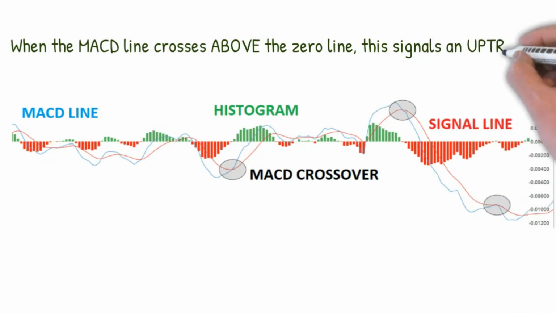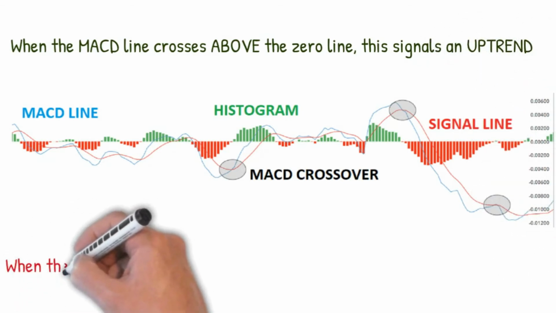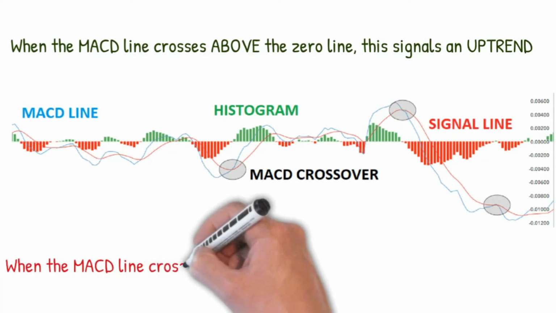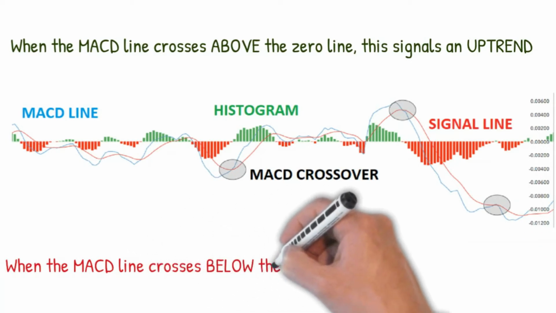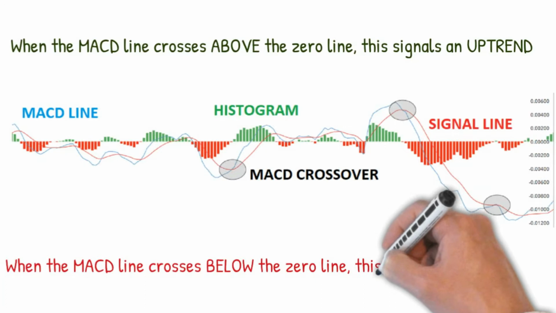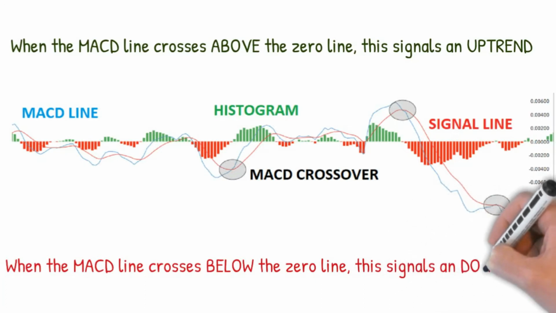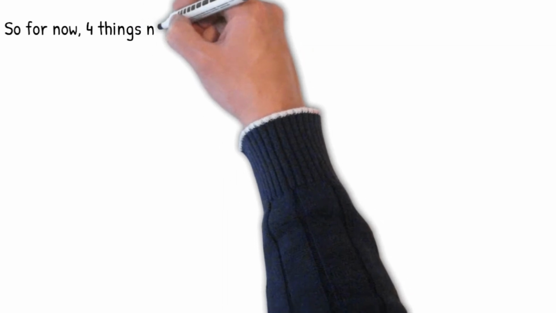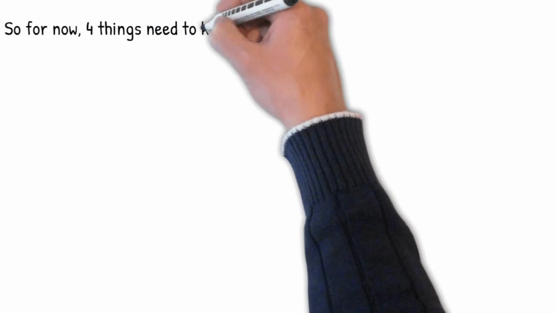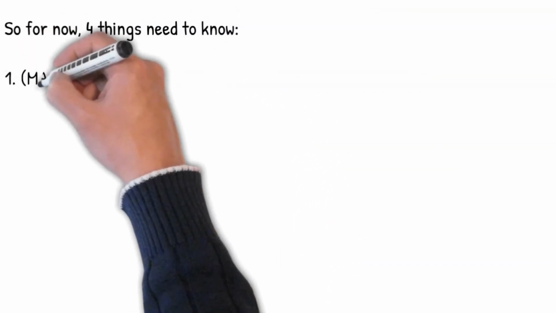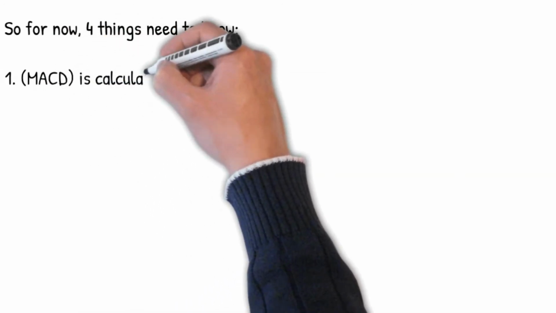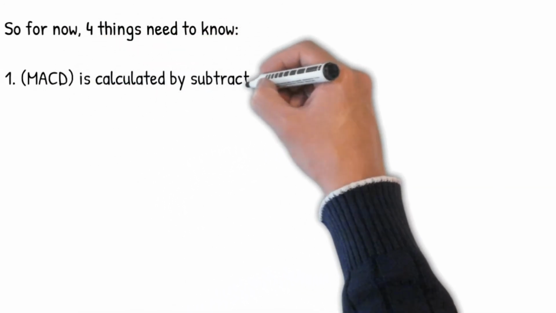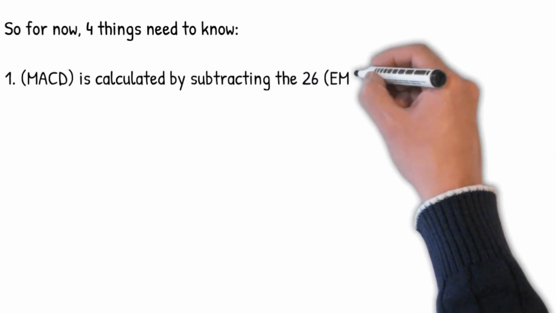Moving Average Convergence Divergence, MACD, indicators can be interpreted in several ways, but the more common methods are crossovers, divergences, and rapid rises or falls. There are four essential things to know. Number 1. MACD is calculated by subtracting the 26-period exponential moving average, EMA, from the 12-period EMA.